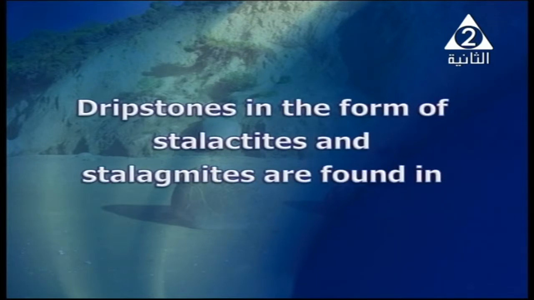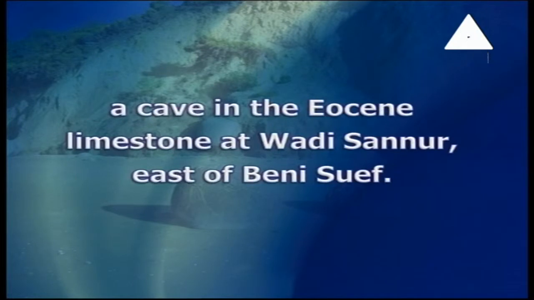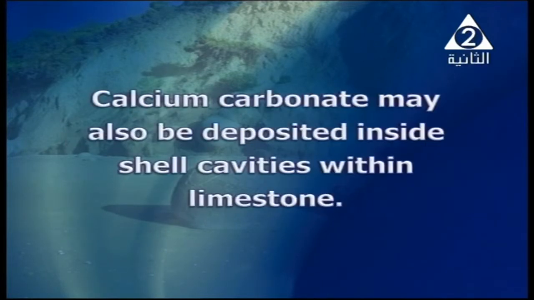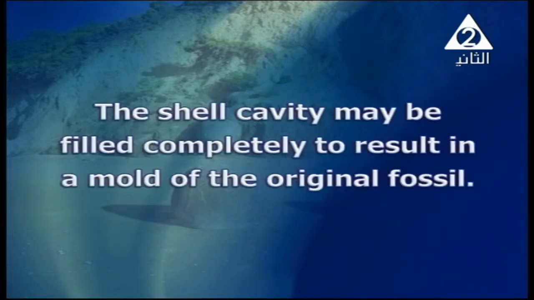Dripstone in the form of stalactites and stalagmites is found in a cave in the Eocene limestone at Wadi Sanur, east of Bani Suef. Calcium carbonate may also be deposited inside shell cavities within limestone. The shell cavity may be filled completely to result in a mold of the original fossil.